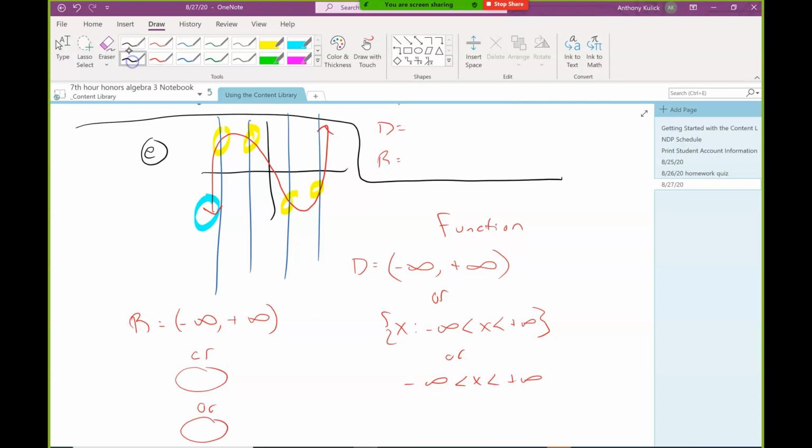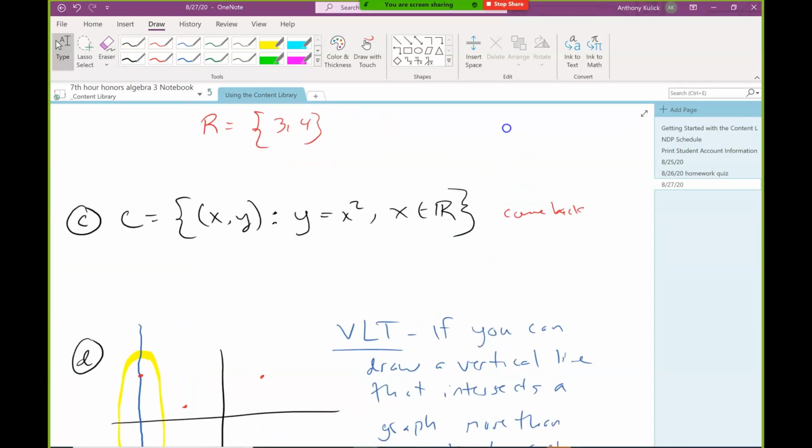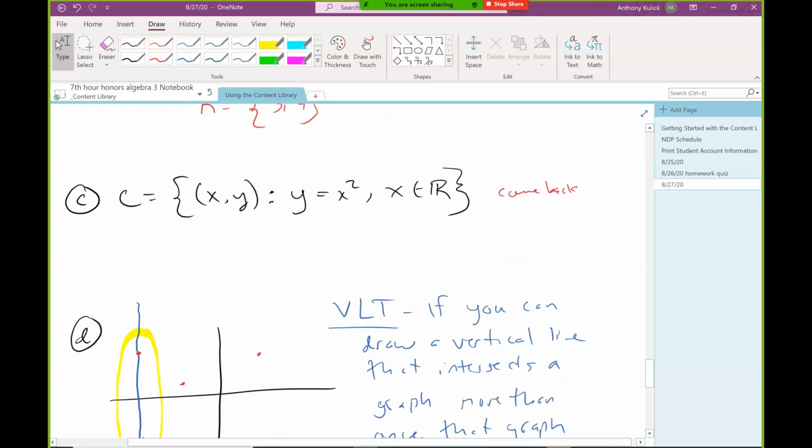Let's circle back now to that one that we skipped, because I think at this point we've done enough to where we can deal with that guy. So let's scoot back up to C. If I want to sketch a graph for C, the piece I'm going to be primarily interested in is the rule that describes how the x's and y's pair together.